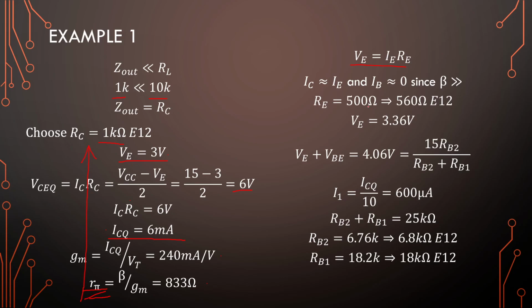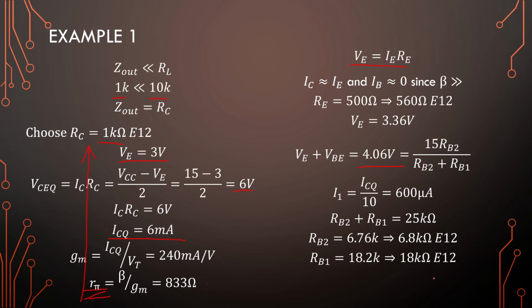So the emitter resistor should be 500 ohms. Selecting 560 ohms from the E12 series will yield a bit of a different voltage on our input, our VB value. So without this recalculation, this value would have been 3.7 volts.